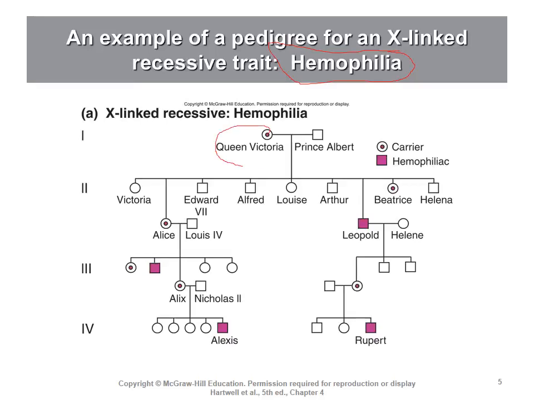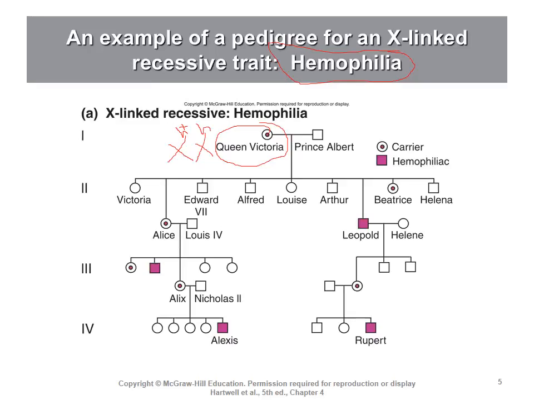So Queen Victoria herself was a carrier, meaning that she had a normal X chromosome, let's say H plus, and a mutant allele for hemophilia.